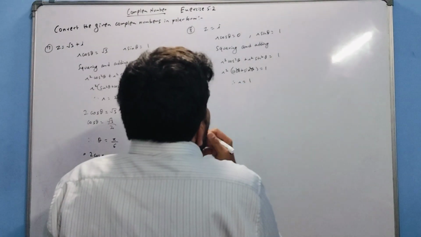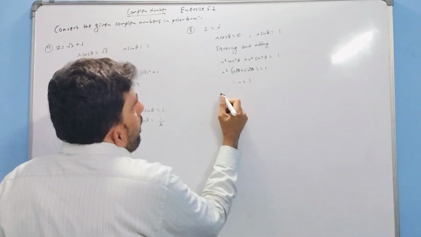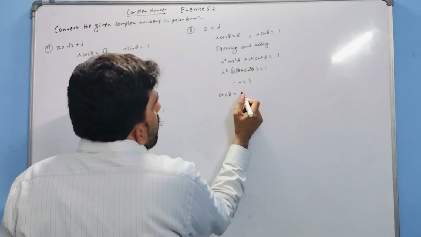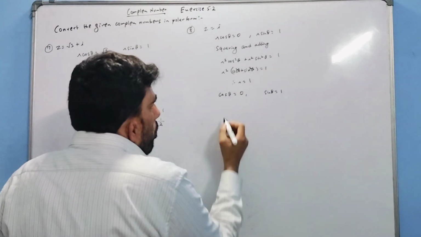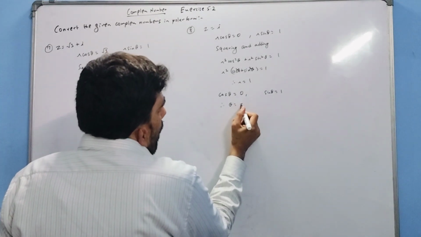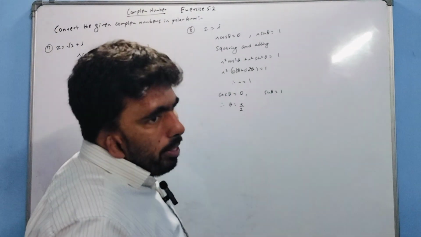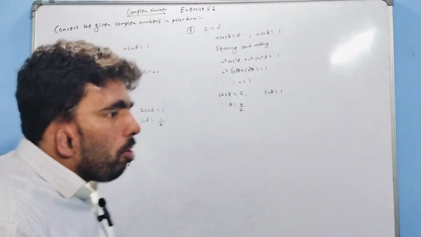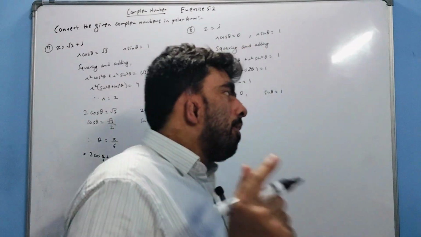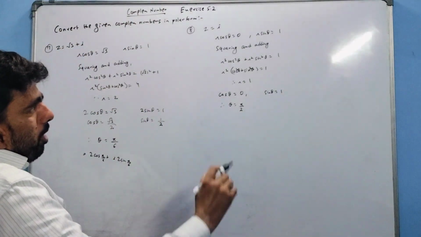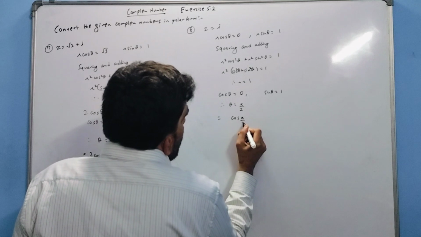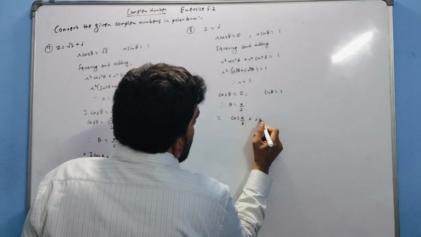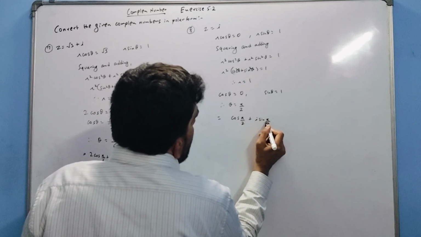So now after finding the modulus, we'll find cos theta is equal to 0 and sin theta is equal to 1. So theta will be pi by 2, because we know that cos 90 will be 0 and sin 90 will be 1. So now we have found theta. So its polar form will be cos pi by 2 plus i sin pi upon 2.